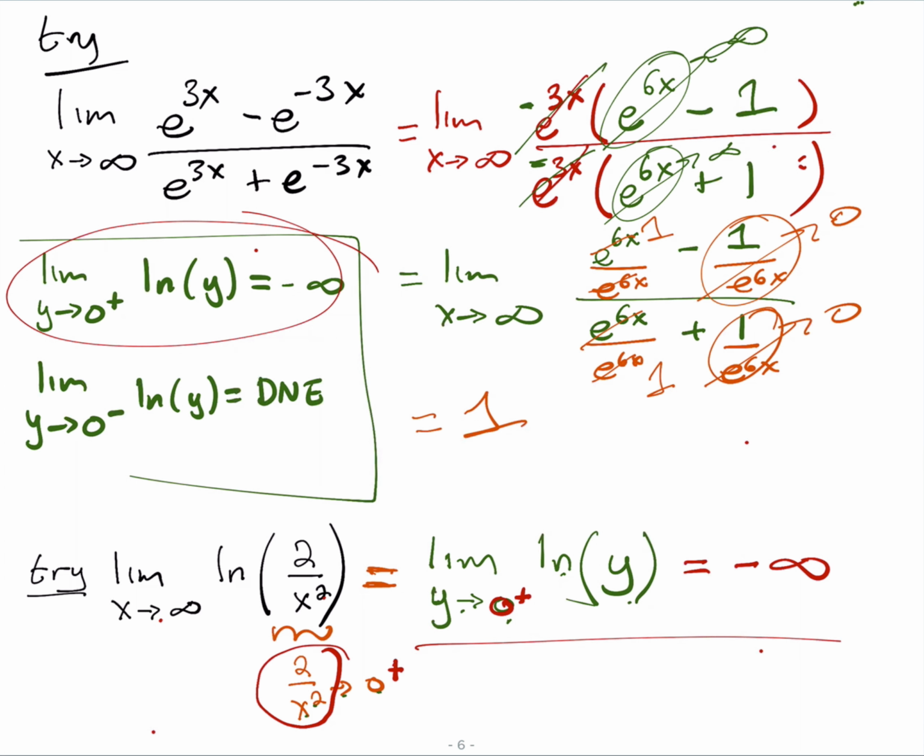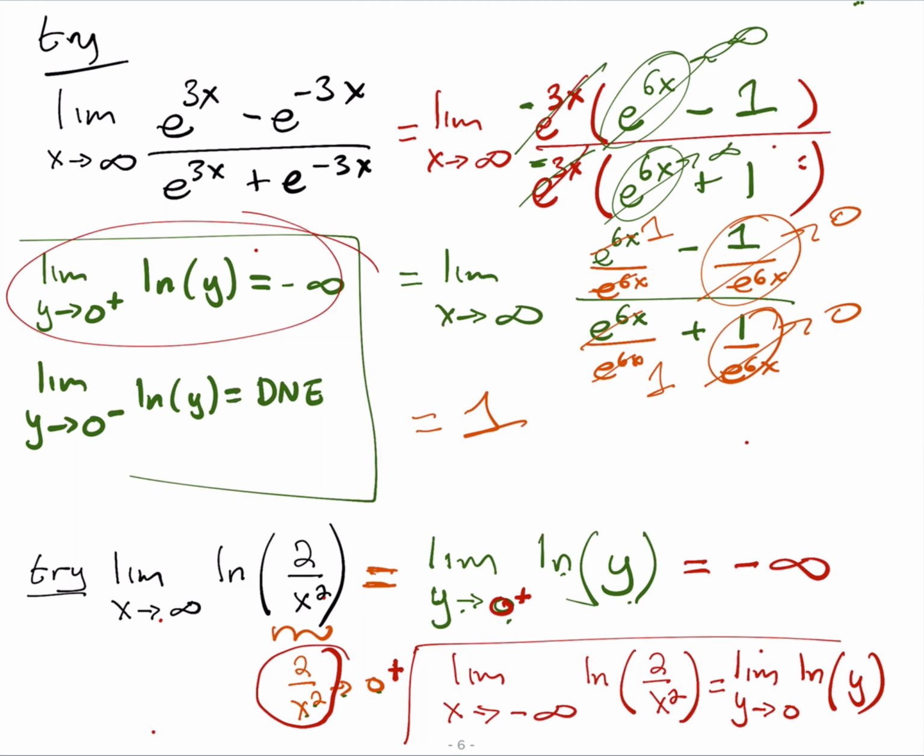What about the other side? What is the limit as x goes to minus infinity of ln of 2 over x squared? It's not 0. It's the same thing. 2 over x squared is going towards 0, but is it approaching 0 from the positive or the negative direction?